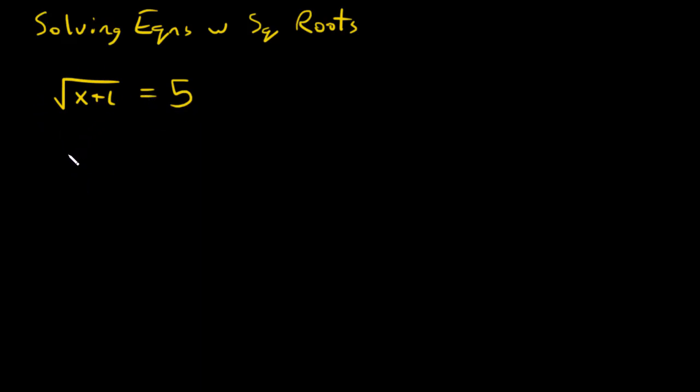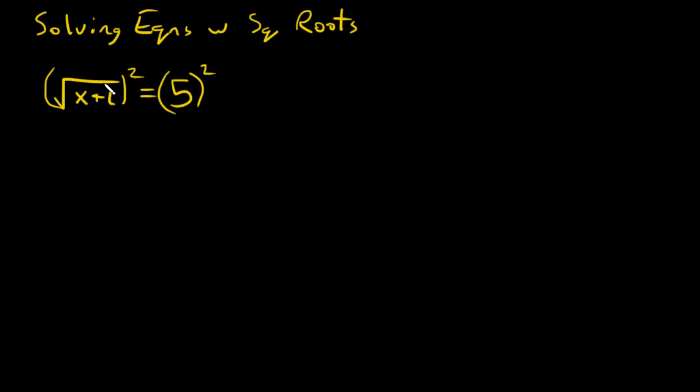So just like when we were doing the square root method, where we had a square that we were trying to isolate, if an equation has a root in it, we also want to isolate it. In this case, the root is already isolated on the left, so all we do is square it. Since we do it to one side, we have to do the same thing to the other side.